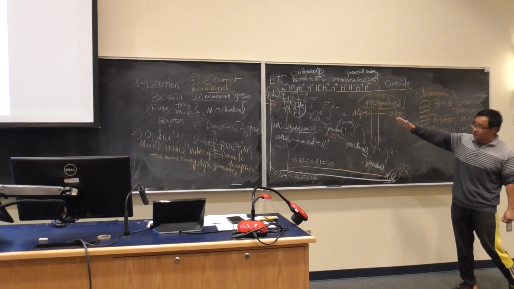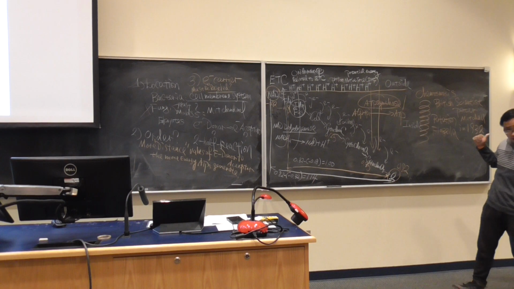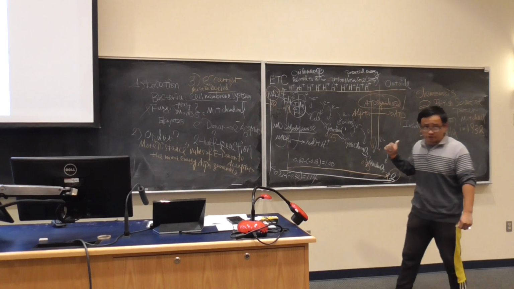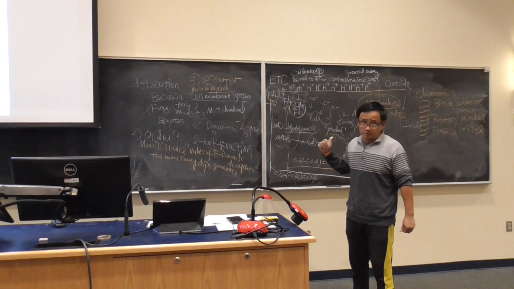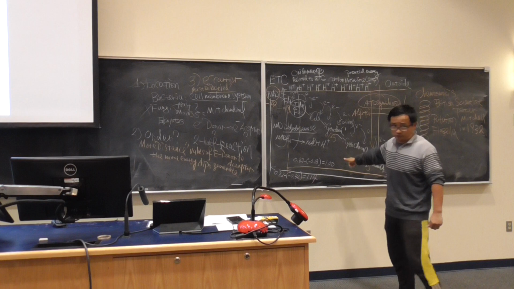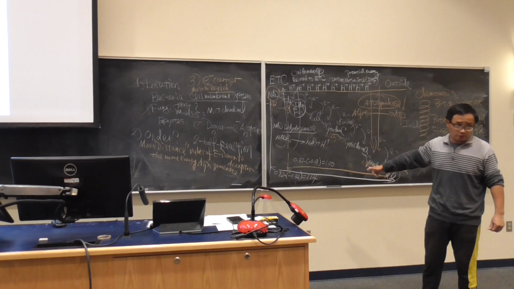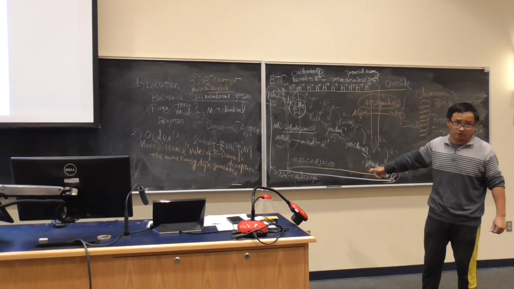This well explains how the electron transport chain relates to the energy generation. That is what we call oxidative phosphorylation. That is where oxidative phosphorylation comes from, related to the electron transport chain.